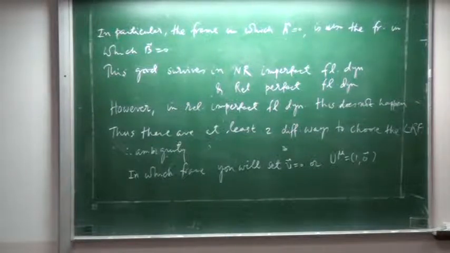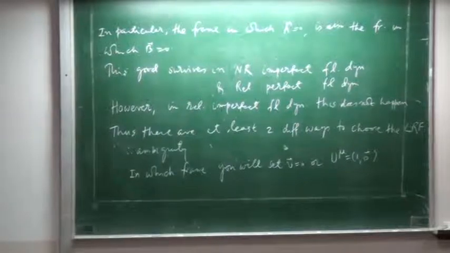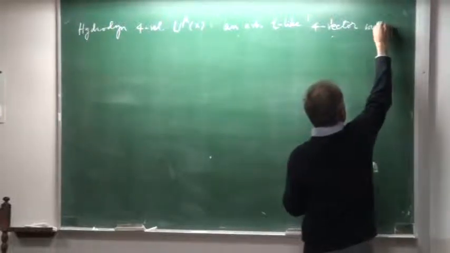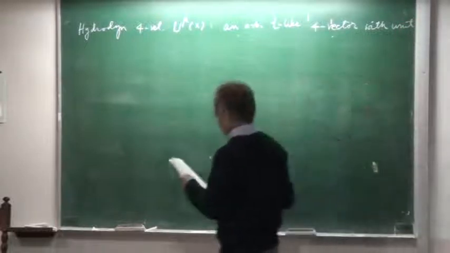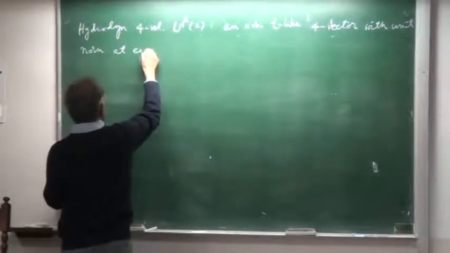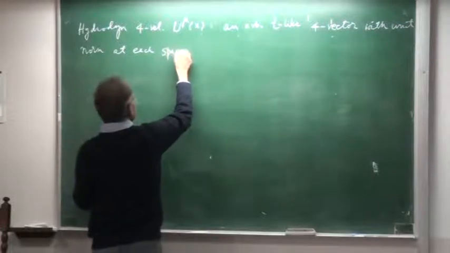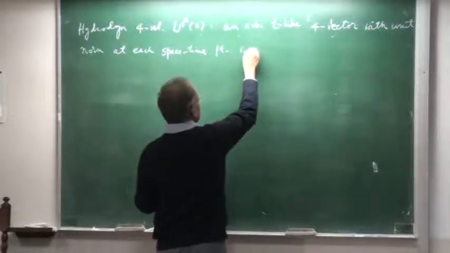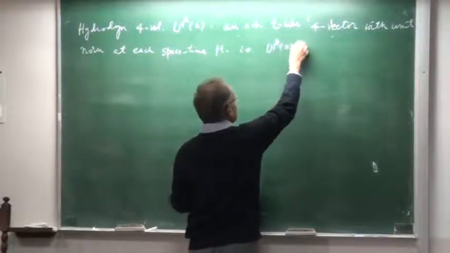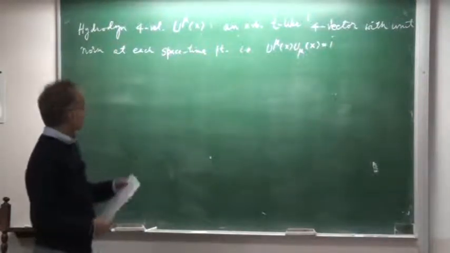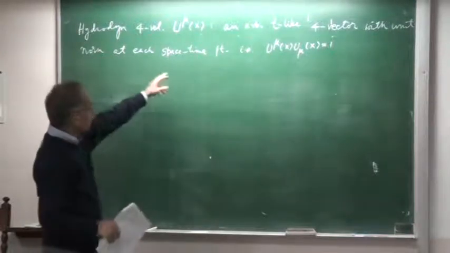The hydrodynamic four-velocity u mu is defined as an arbitrary time-like vector with unit norm, or unit length, at each space-time point.